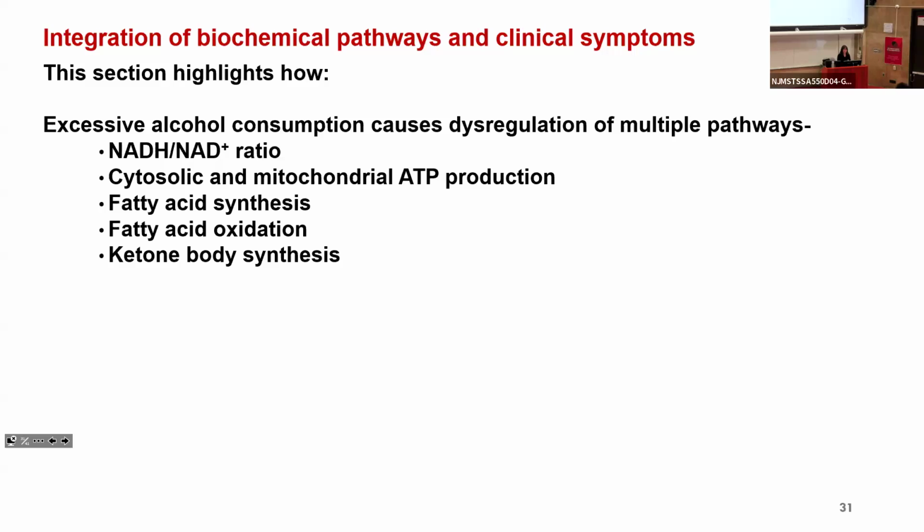Nowadays, amongst many of the younger generation, there is awareness that ethanol consumption is not such a healthy thing, but you can understand that biochemically and medically. Excessive alcohol consumption causes dysregulation of multiple pathways in our body. They're listed here, but I'll show it to you.